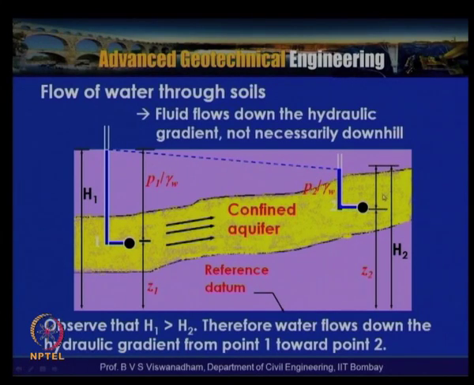The difference of the heads between the two points 1 and 2, H1 minus H2, is called the head drop or head loss. So, fluid flows down the hydraulic gradient, not necessarily downhill. Fluid flows depending upon the presence of higher and lower heads prevalent in real situations.